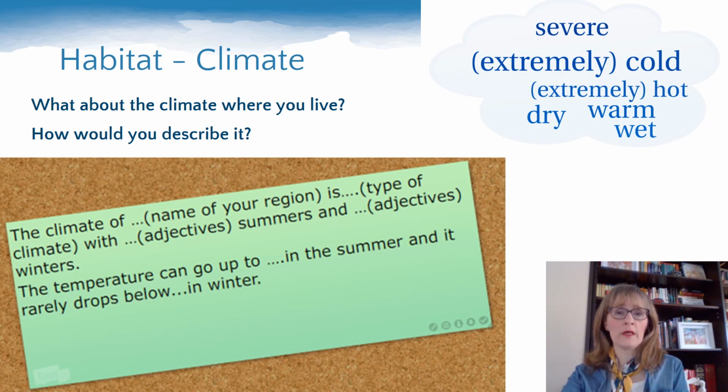Now that you have revised climate vocabulary, describe the climate of the area where you live. You can use the text you see here, but of course, fill in the gaps with the words appropriate for your area. Don't forget to use adjectives like severe, extremely hot or cold, warm, dry, and wet.